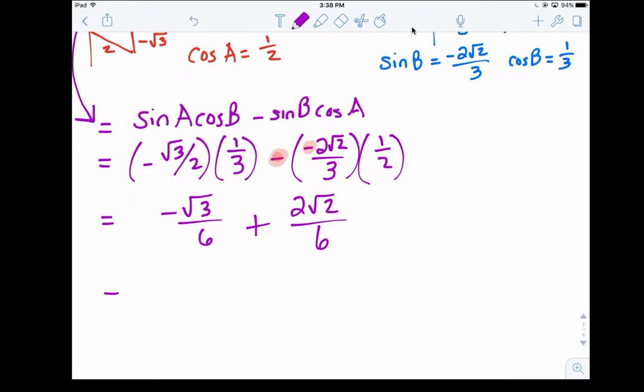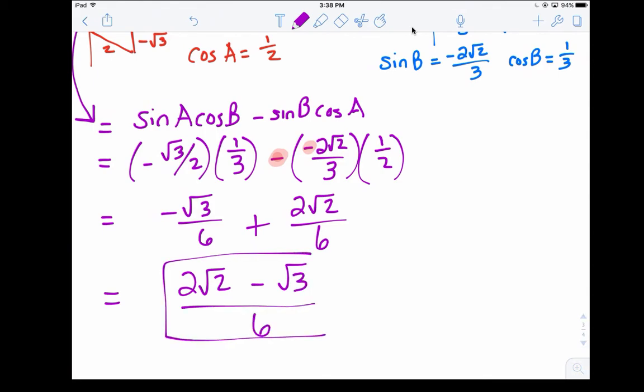You have a common denominator, so you can just add them together. So it would be 2 root 2 minus root 3 over positive 6. You can either have that or negative root 3 plus 2 root 2 over 6. Either one of them is appropriate.